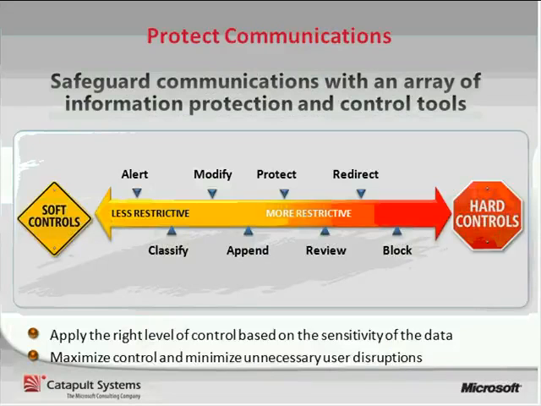And protect communications. We need to apply the right level of control-based rules based on the sensitivity of the data. We need to maximize control, but we can't put so much on there that we're making the user unable to work.